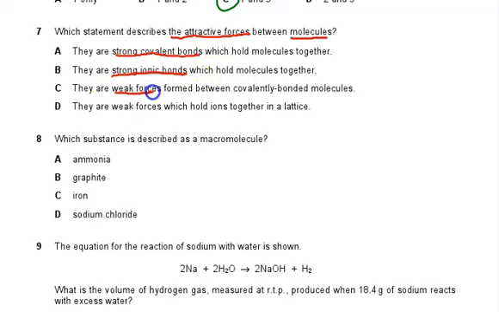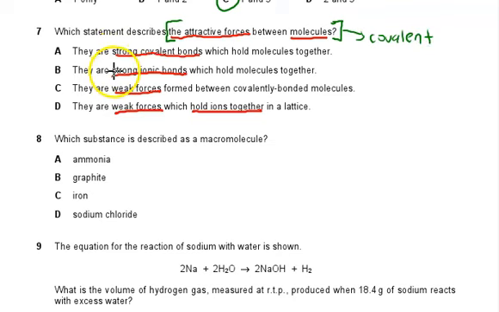Here we have weak forces, and here we have weak forces which hold ions together in a lattice. So you have to clearly understand that if it is shown as attractive force between molecules, it is definitely going to be a covalent.